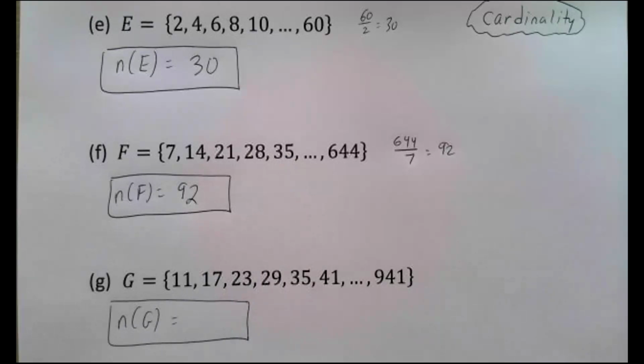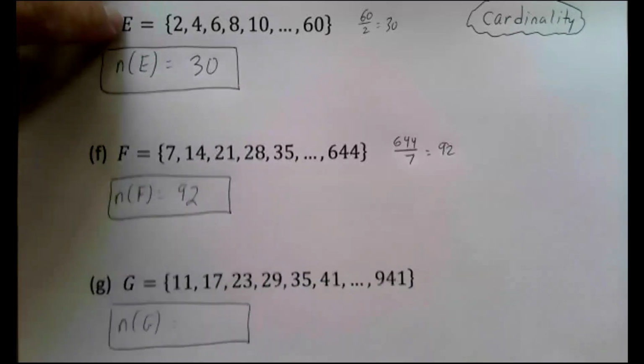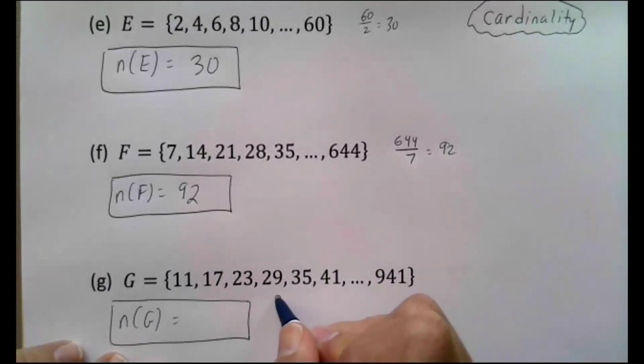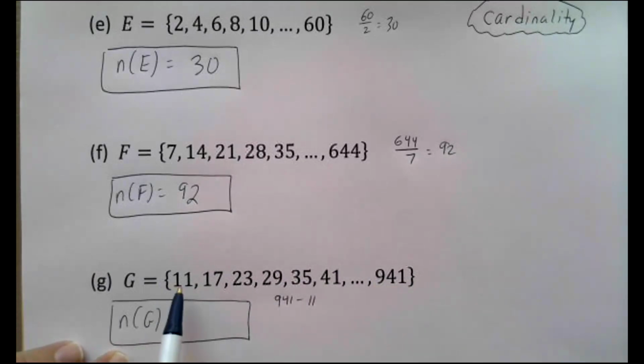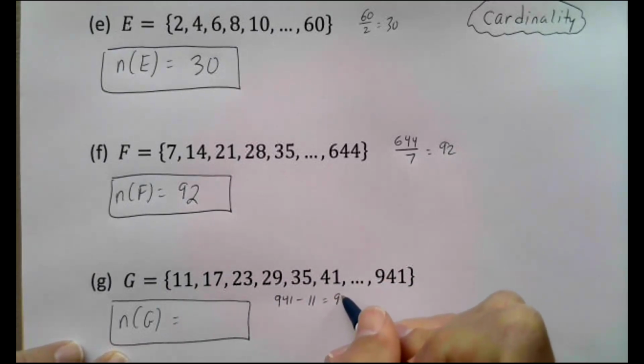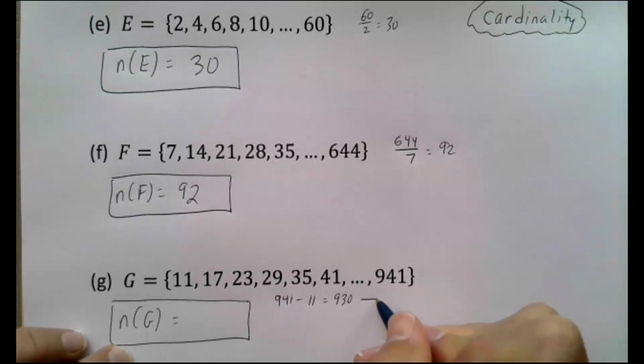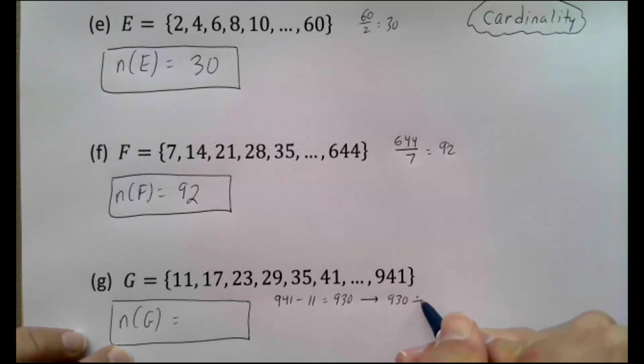I'm going to teach you a little trick for this last one. Try to bear with me here. What I'm going to do is take the last minus the first, the last number minus the first number. And then I'm going to take that answer and divide it by, in this case, 6.